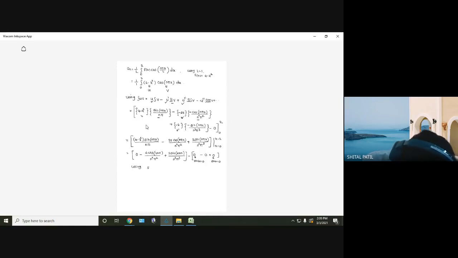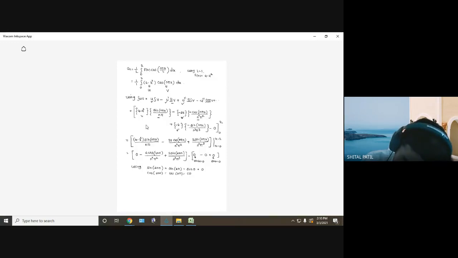Then let me use this. What is sine of 2 n pi? Take different values of n. N equal to 1, sine of 2 pi. N equal to 5, sine of 10 pi. That is equal to sine of 2 pi, which is equal to sine of 0. Remember this, that is equal to 0. Whereas cos of 2 n pi means cos of 2 pi means cos of 0.